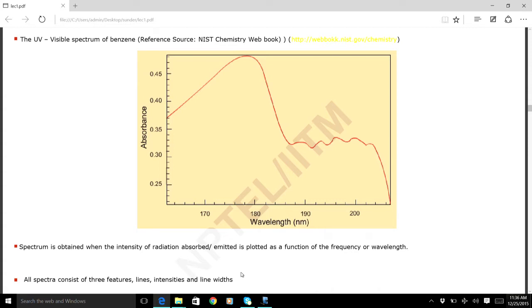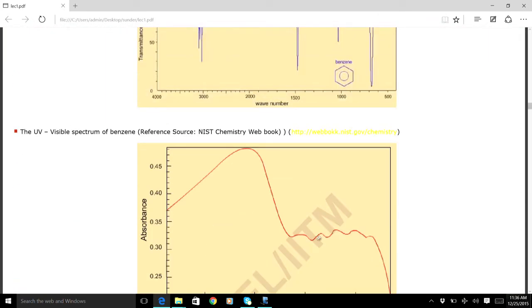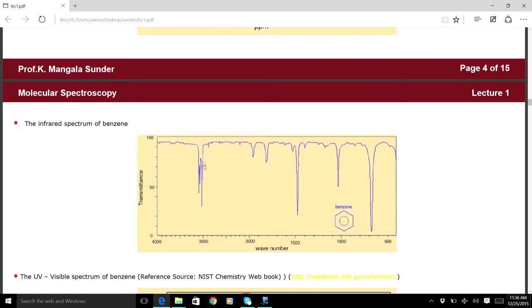So the same molecule under three different irradiations has three different spectra, but all of them have three important things, namely specific energies. Here the specific energies are the absorption peaks that you see here, and in this spectrum the specific energies are the positions corresponding to the wavelength.